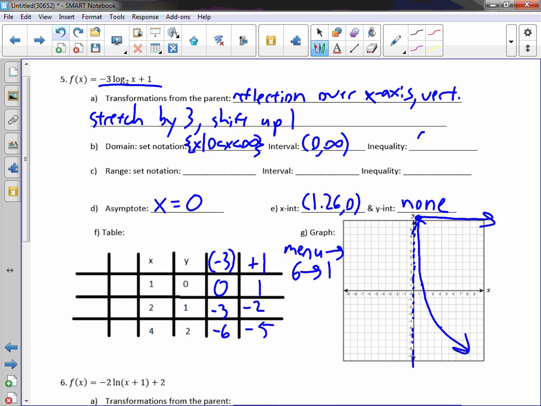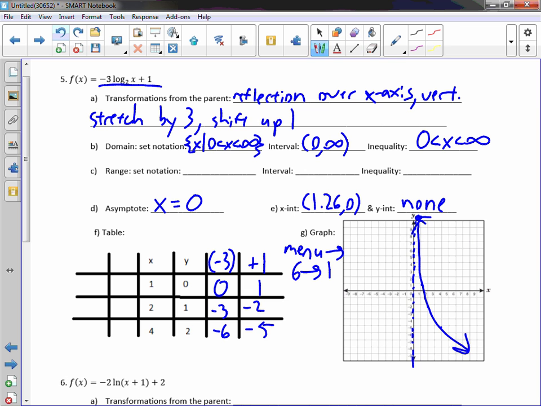And in inequality, it's 0 to infinity. That's a little tip for logs. Your domain will always be your asymptote to infinity. That will always be your domain for logarithms.